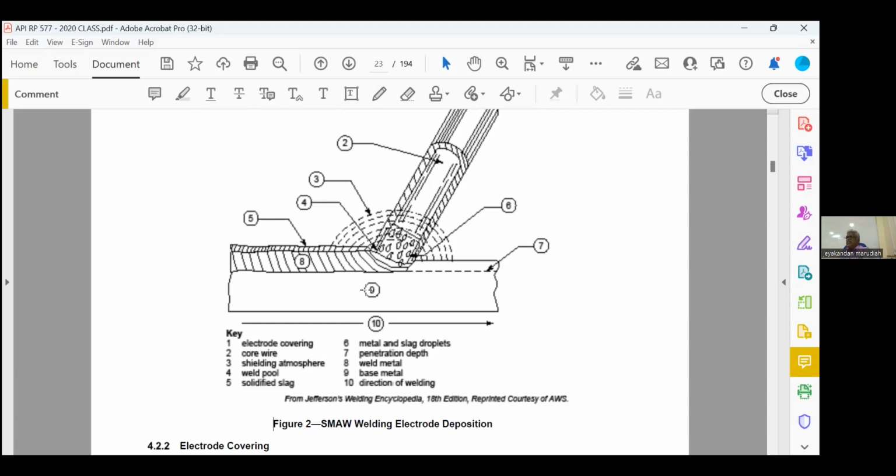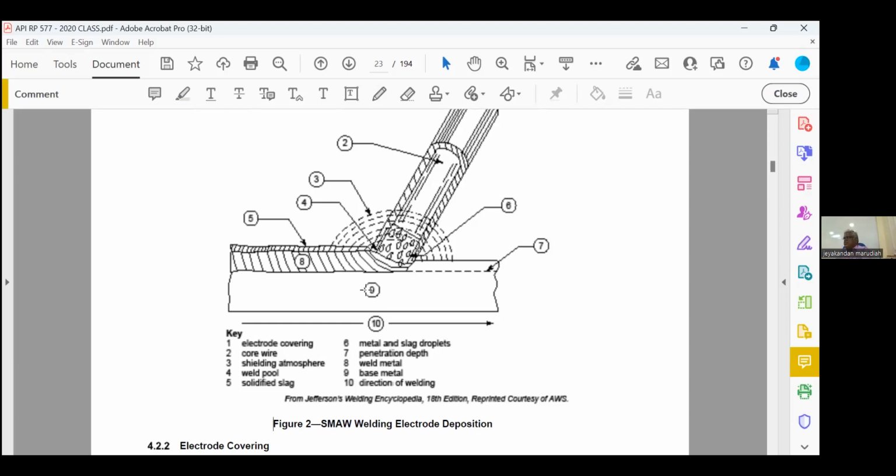These are not important. What is the advantage of SMAW? First advantage, it is the most widely used process, a very cheap process. The least cost process is SMAW. Second, we can use all materials. Third, even inaccessible areas, you can see people bend the electrode and they can weld it.